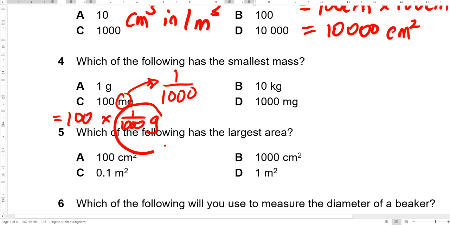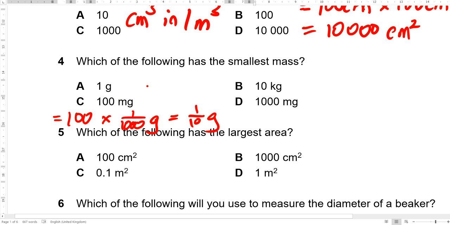This portion is known as milligrams. I'm trying to convert from milligrams to grams. So milligram is just 1 over 1,000 of a gram. 100 of it must therefore be equal to 1 over 10 grams. That is for part C.